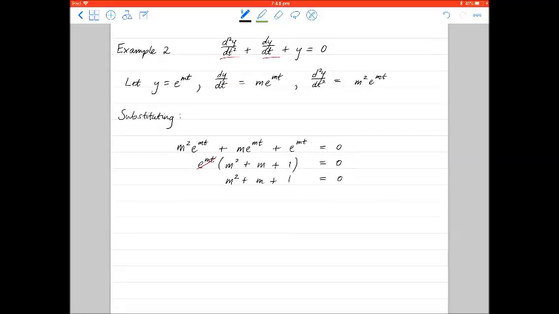To do that, I can use the quadratic formula. So m is equal to negative b, which is the coefficient of the m term, so negative 1, plus or minus the square root of b squared, so 1 squared, minus 4 times a, which is the coefficient of m squared, which is 1, times c, which is the constant term, which is also 1, divided by 2 multiplied by a, which is 1.